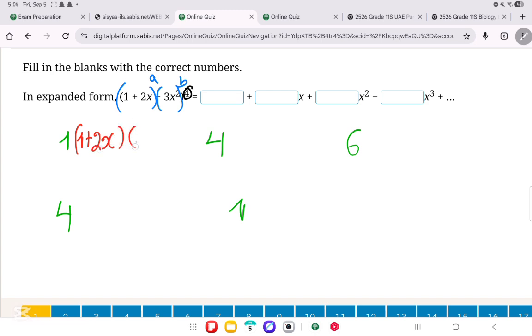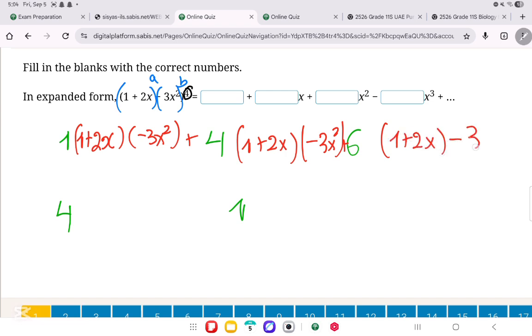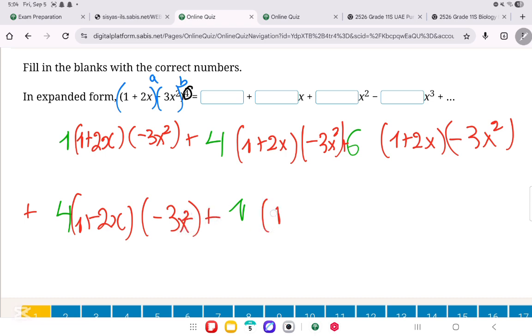Then our B is minus 3x squared. So we write 1 plus 2x minus 3x squared, plus 1 plus 2x minus 3x squared, and so on, five terms in total, each with A as 1 plus 2x and B as minus 3x squared.